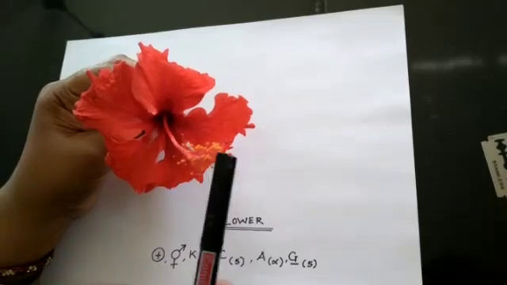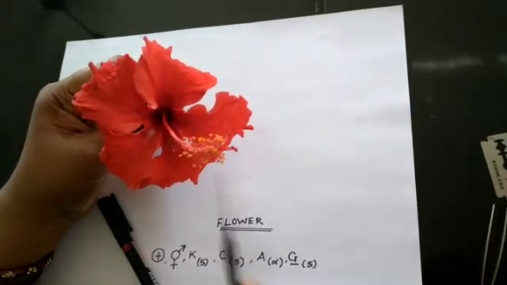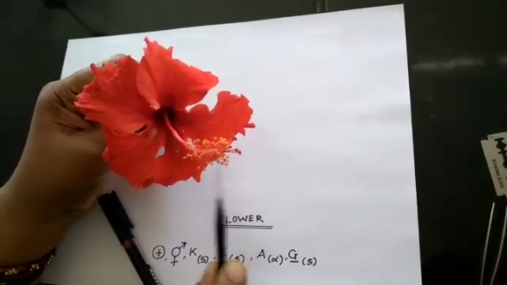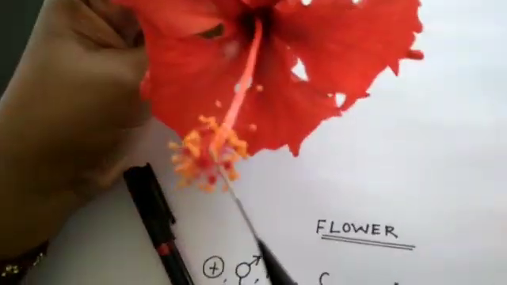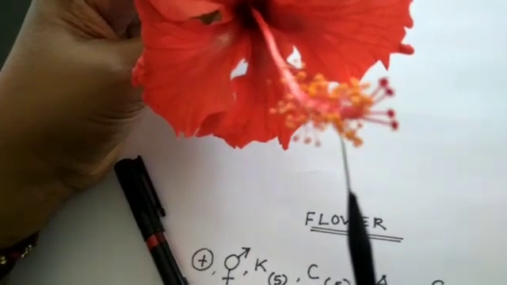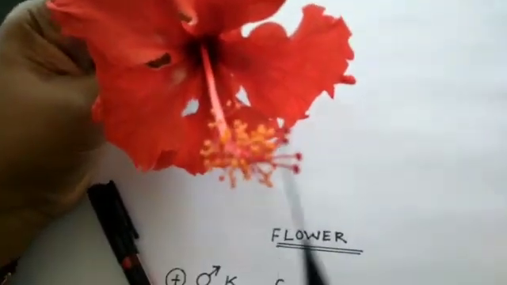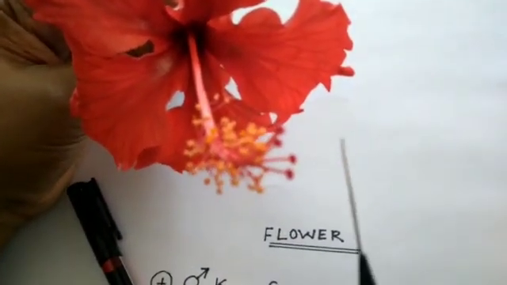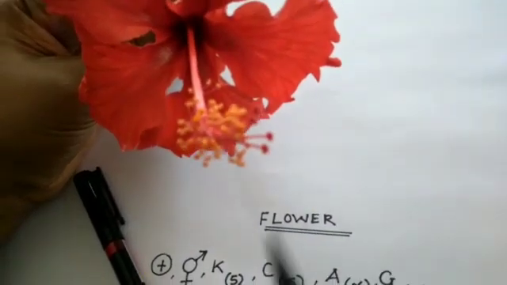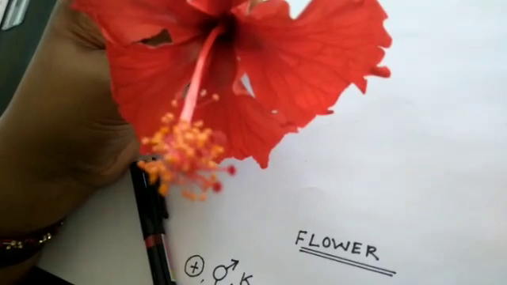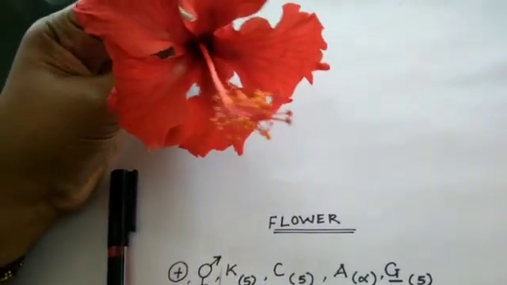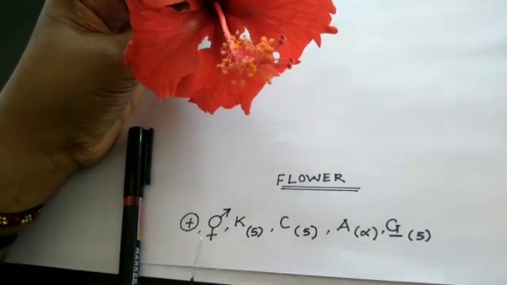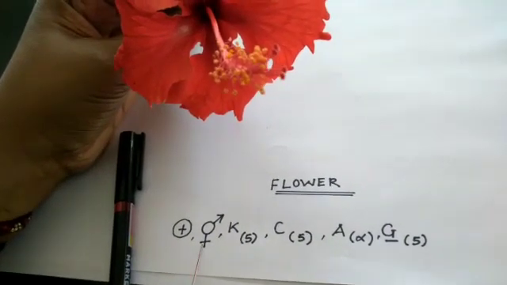This yellow colored part represents the androecium, whereas this red colored part represents the gynoecium, the carpel. Male and female sexual organs are both present, so I have written bisexual here.